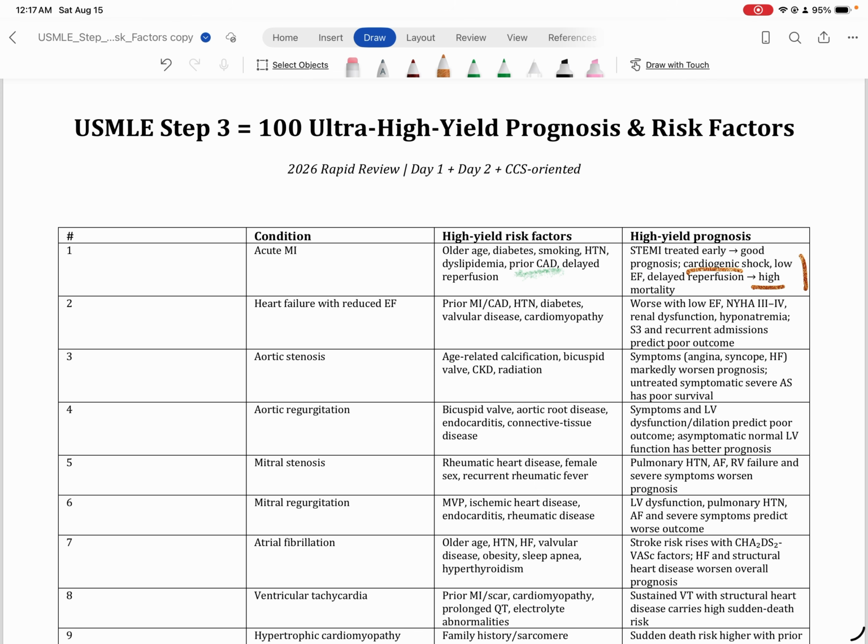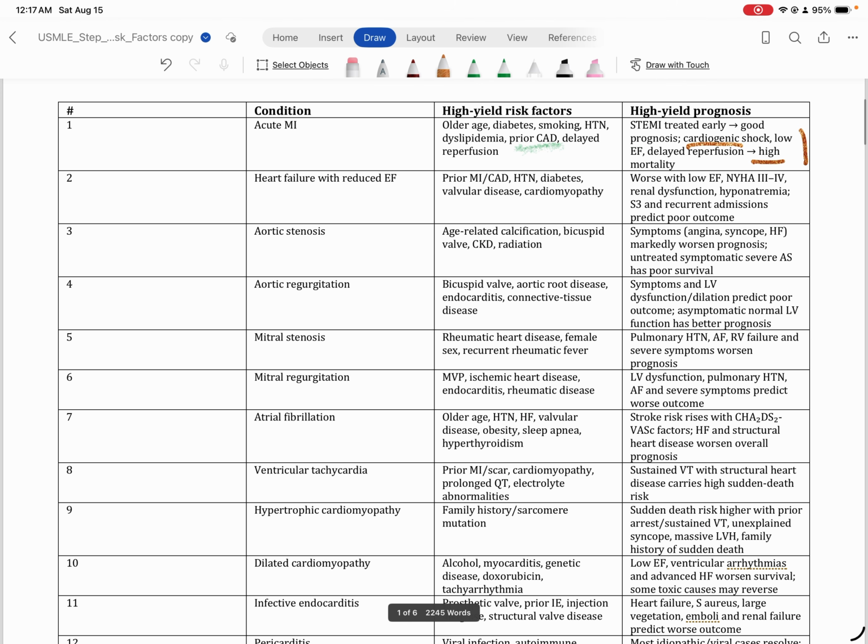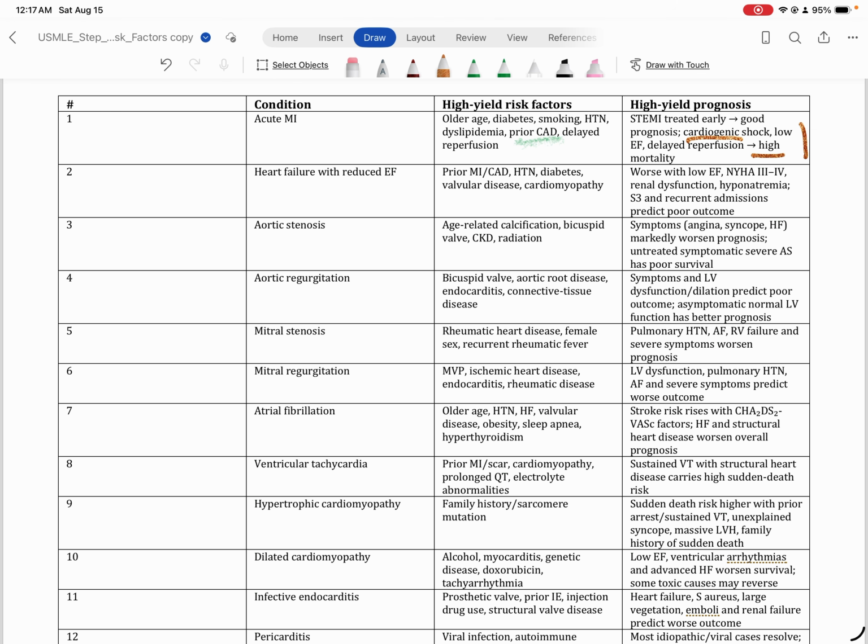Moving on, the second condition is heart failure with reduced ejection fraction, commonly also called HFrEF. The most high yield risk factors causing HFrEF are prior myocardial infarction, coronary artery disease, hypertension, diabetes, valvular disease, and cardiomyopathy.